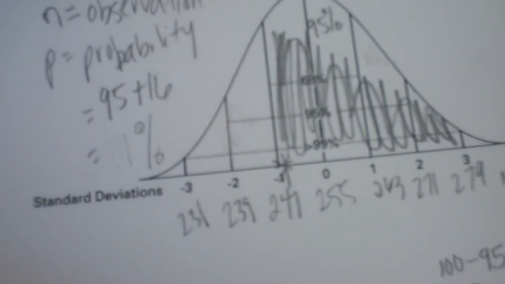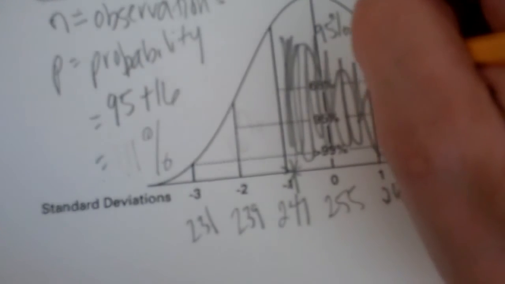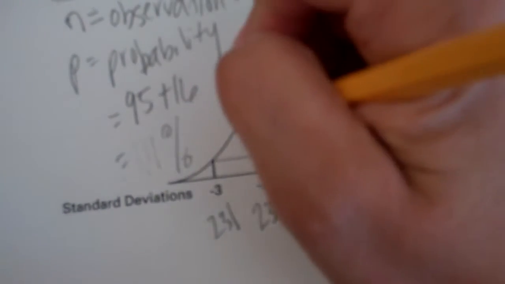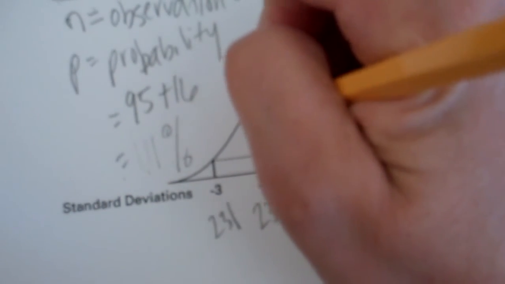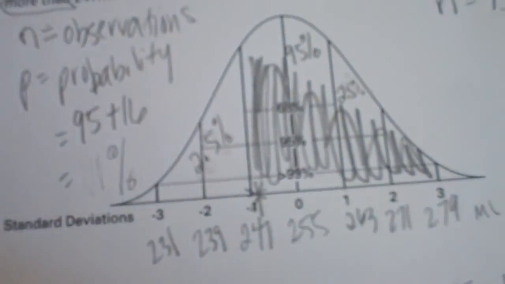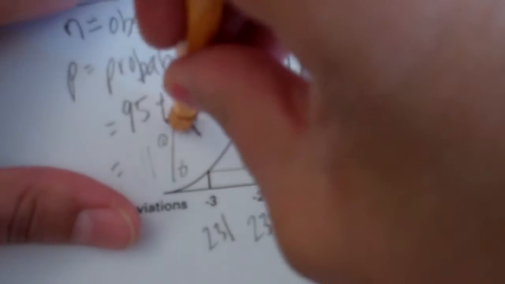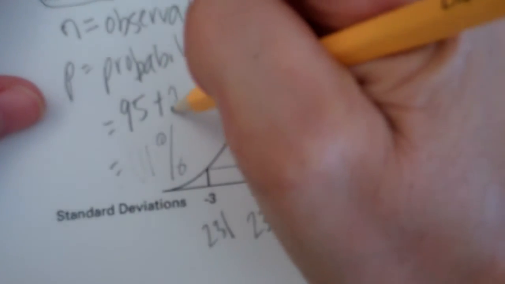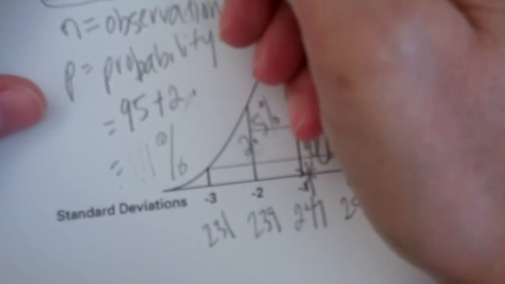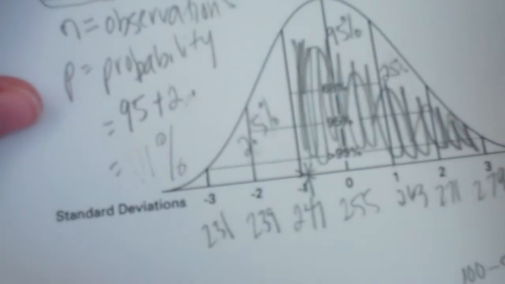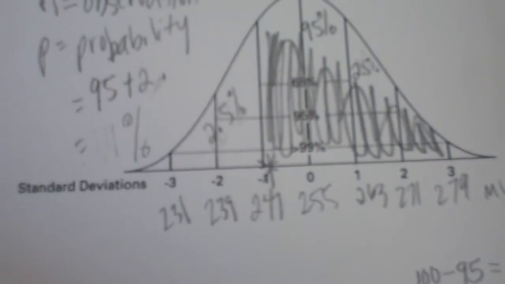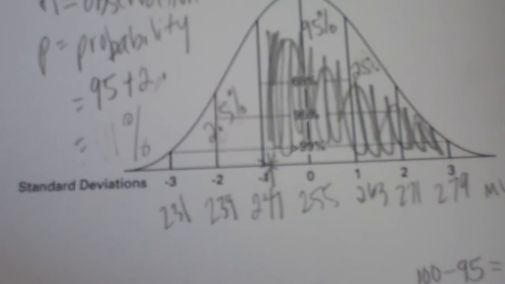That seems a little bit better. 2.5% here and 2.5% here. Now we're going to add 95 and not 16, but actually, wow, I just did the whole thing wrong because we're not at 95. We're at 68.